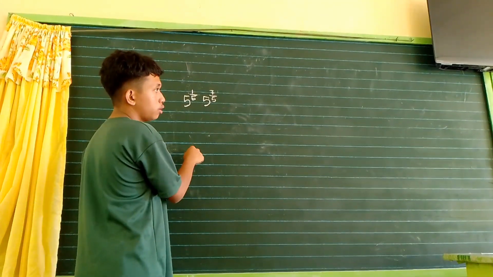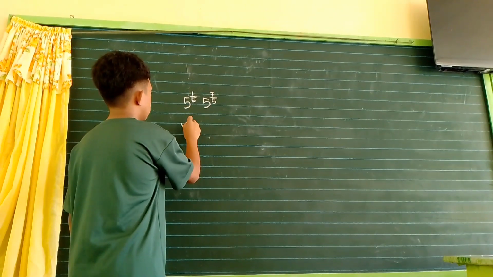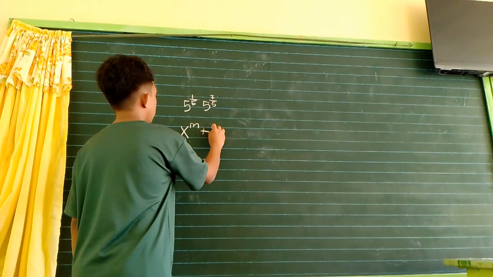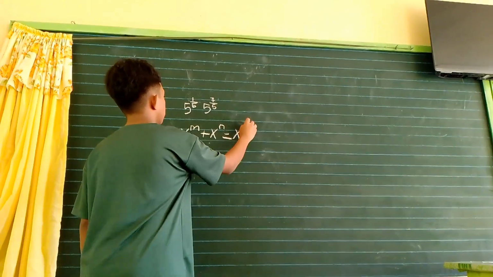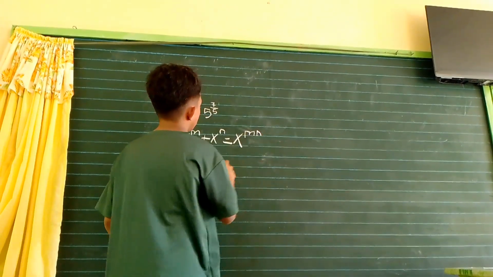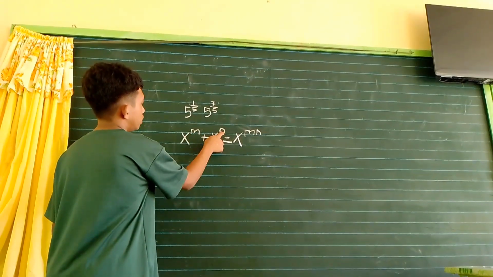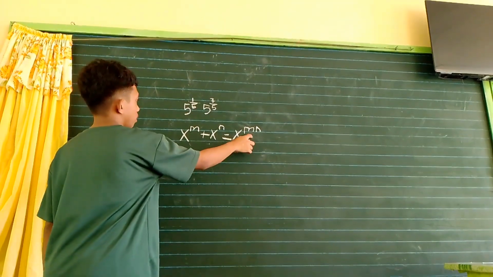The first rule of the exponent is x to the m times x to the n equals x to the m plus n. If the base is the same, then we add the exponents.